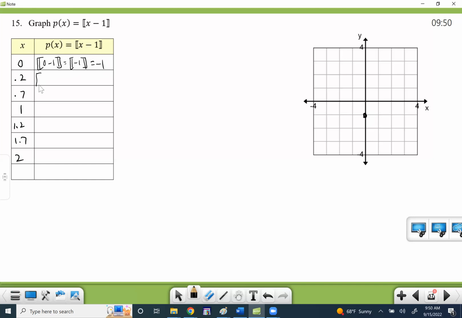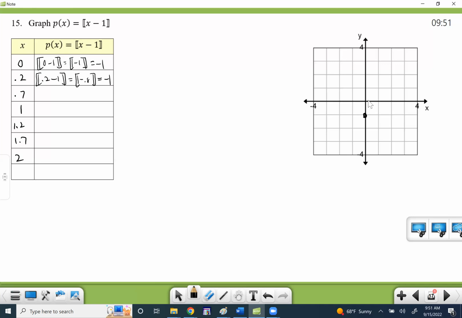If we substitute in 0.2, oops, I forgot to do the -1, didn't I? All right, 0.2 minus 1 will be -0.8. And remember, don't round it up. Make sure you round it down. So it'll go to -1.